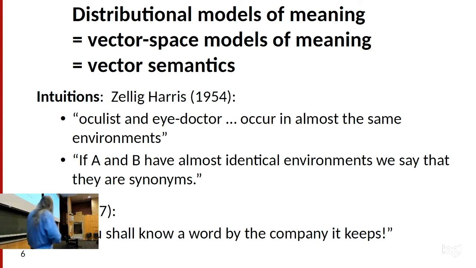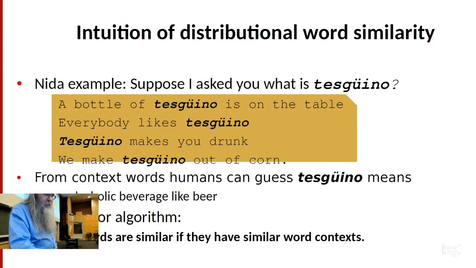And rather famously, another linguist in 1957, Firth, said, you shall know a word by the company it keeps. With the idea that if you look at the contexts of words, you find that words that have similar meaning have similar context. So the words round about them sort of define what the meaning of a word is. Okay? And we do this when we're trying to interpret things.